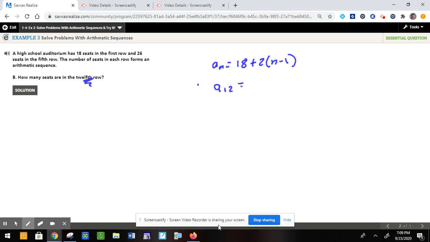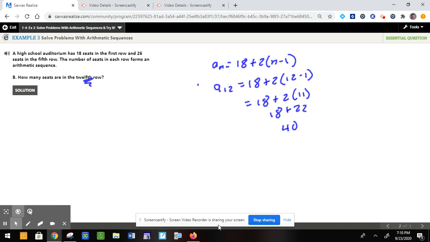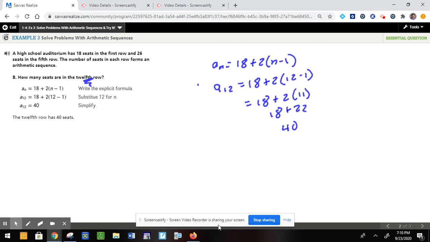So a sub 12 is equal to 18 plus 2 times 12 minus 1. So it's equal to 18 plus 2 times 11, 18 plus 22, which is 40. All right, so we're getting that there's 40 seats in that 12th row. All right, so they agree. Cool.